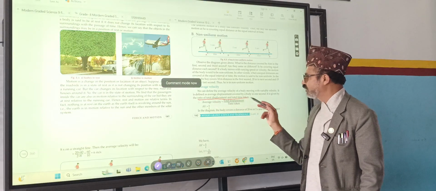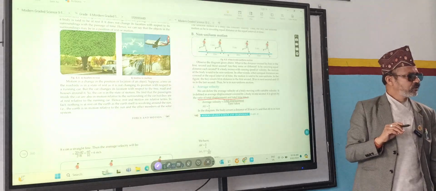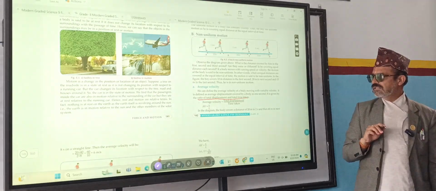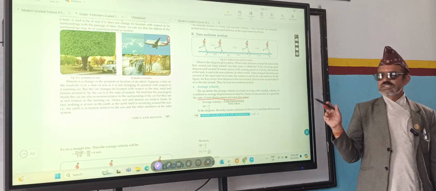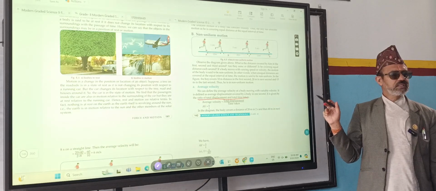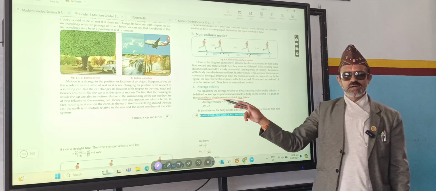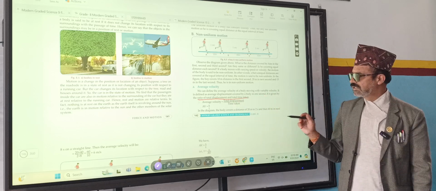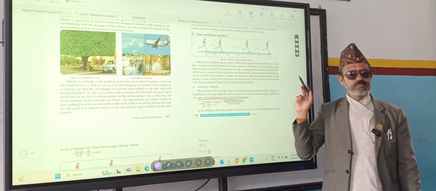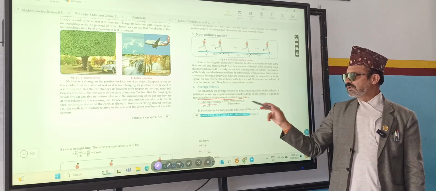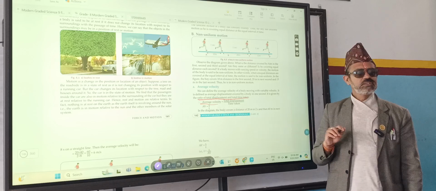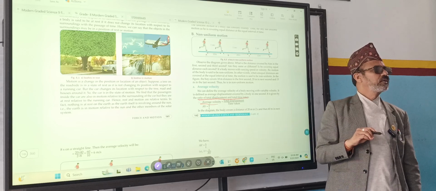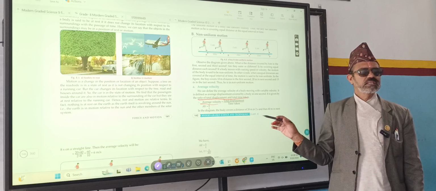The ratio of total displacement and total time taken is called average velocity. What is the formula of average velocity? Total displacement by time taken, or AV equals S by T. S means total displacement, T means time taken.